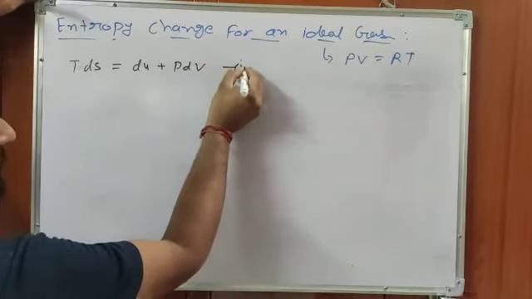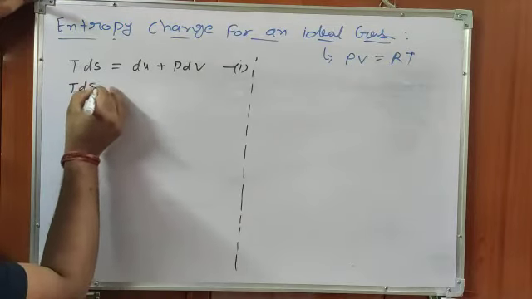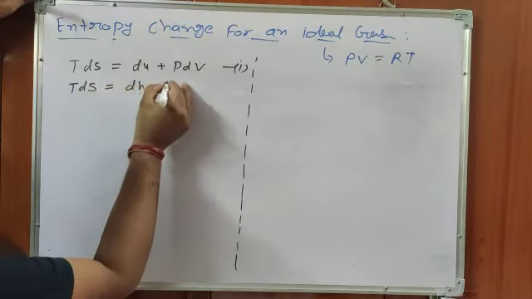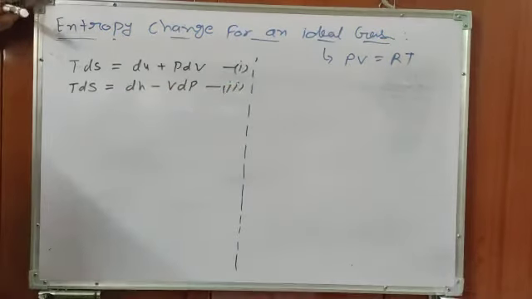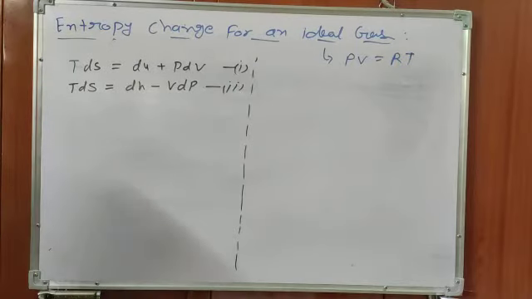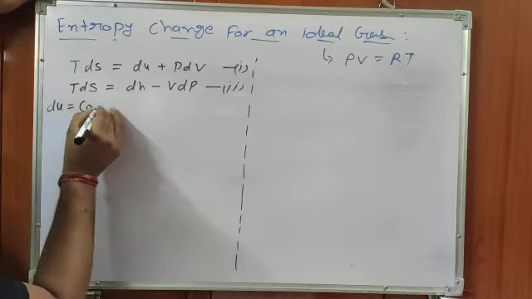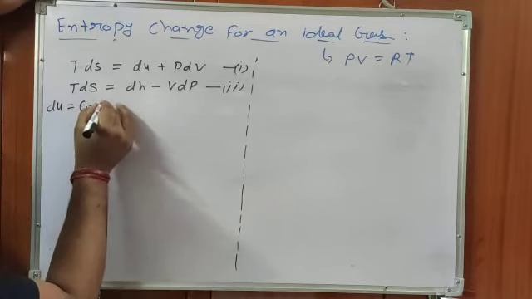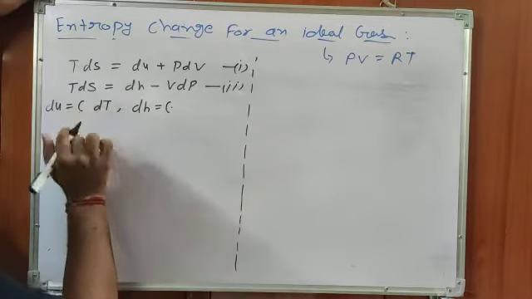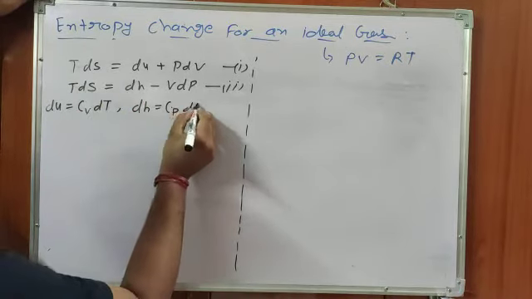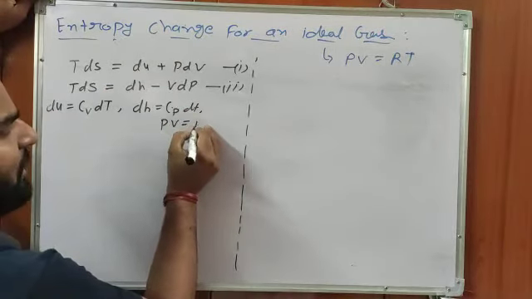This is the first TdS equation, and TdS is equal to dH minus V dP. This is the second TdS equation. From the earlier relations, you know that dU is equal to Cv dT and dH is equal to Cp dT. Also for an ideal gas, PV is equal to RT.